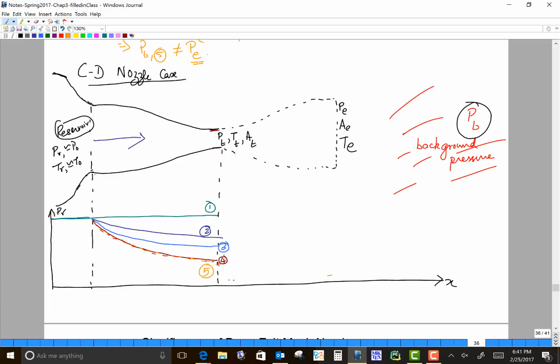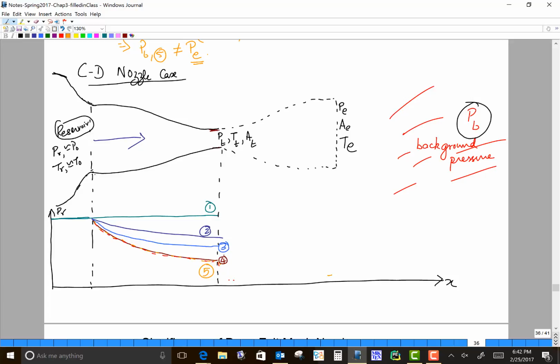In this case, the consequence of retrofitting a diverging section to this converging nozzle has two effects. Potentially, in fact, there are three effects which I'm going to discuss in a minute.